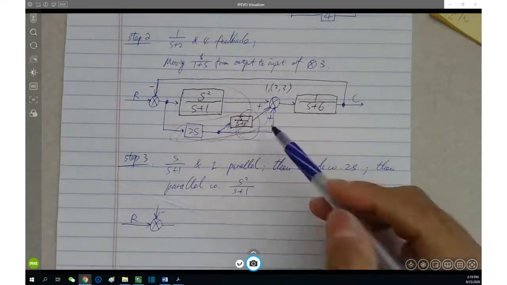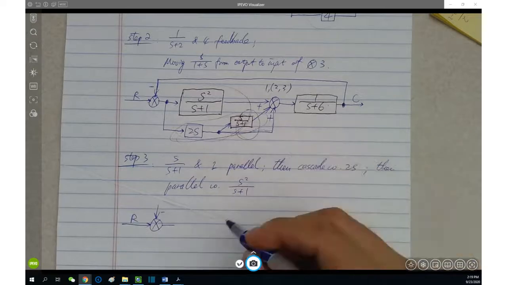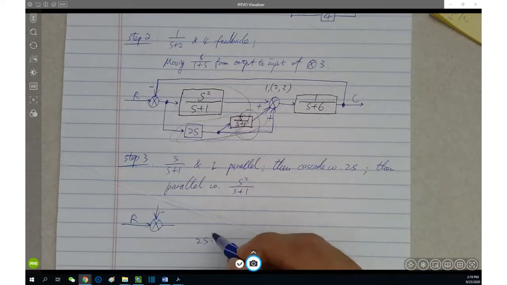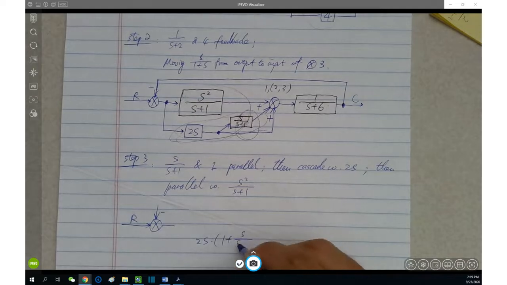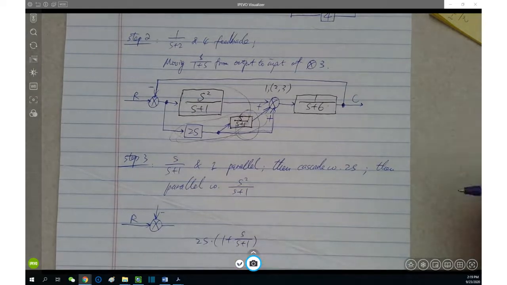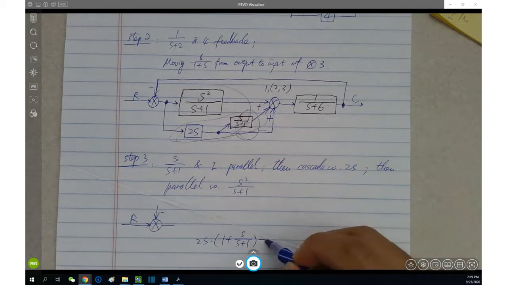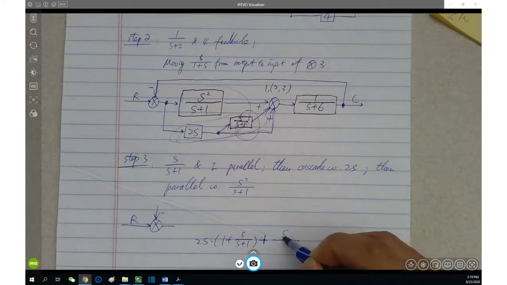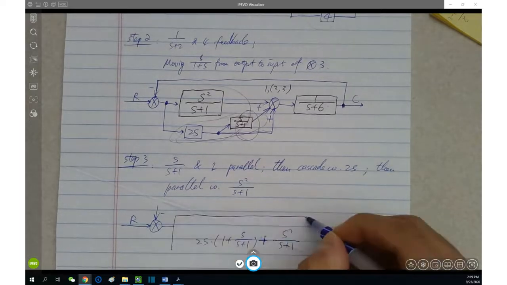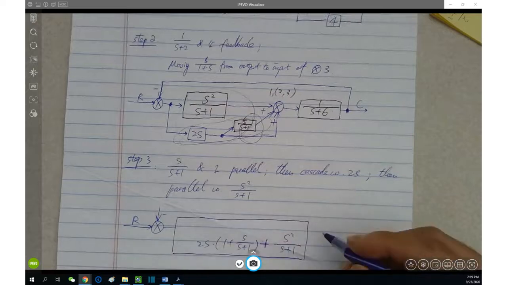These two plus times 2S. Right? And then this thing parallel with S squared over S plus 1. Right?